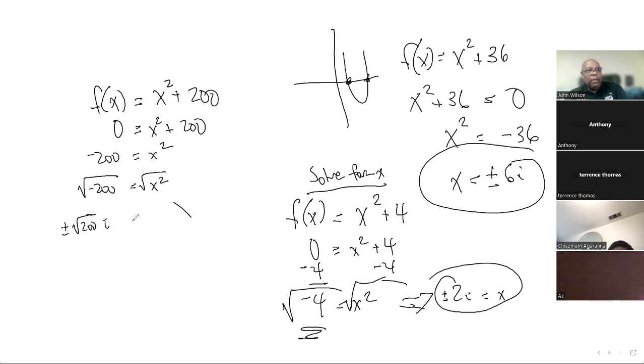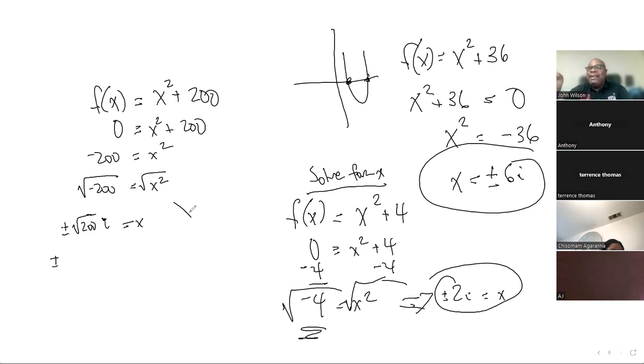Is there any way to break it down further? So this, by the way, Anthony, is not wrong. It's just that some picky teachers want you to break that 200 down. What's the closest square root that goes evenly into 200? Use 10 and 20, I think.